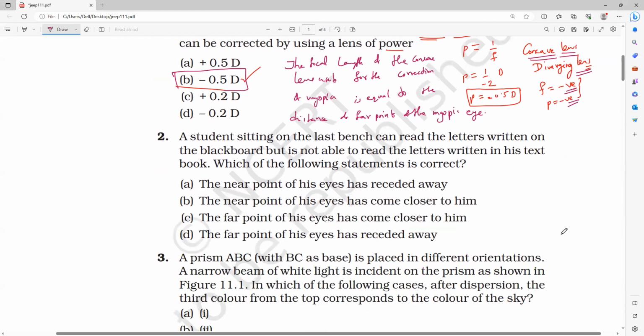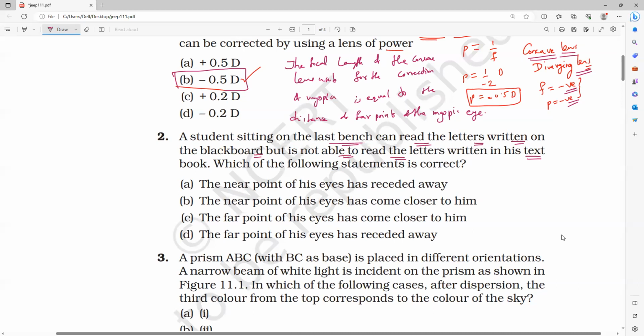Next. A student sitting on the last bench can read the letters written on the blackboard, but he is not able to read the letters written in his textbook. So he can see far objects, but he cannot see near objects. What kind of defect is he having?